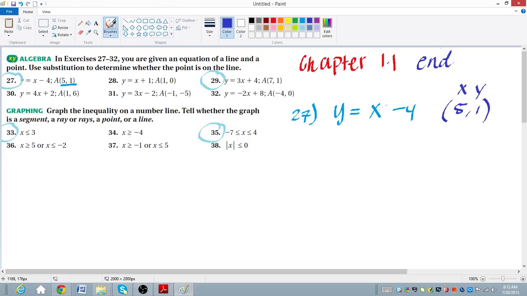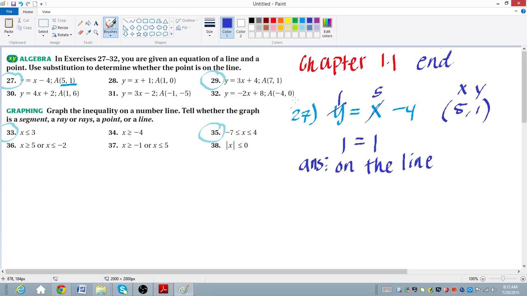Instead of x here, I'm going to plug in a 5. Instead of a y here, I'm plugging in a 1. If you work this out, it'll be 1 is equal to 5 minus 4, which is 1. It's equal, so that means it is on the line. So number 27 is on the line, and that's the answer.